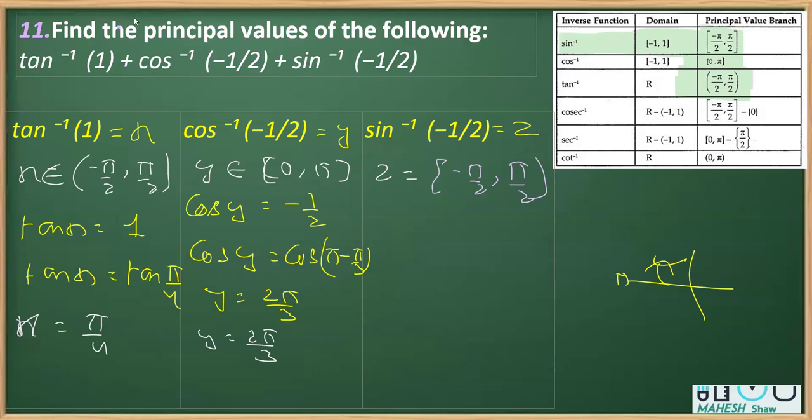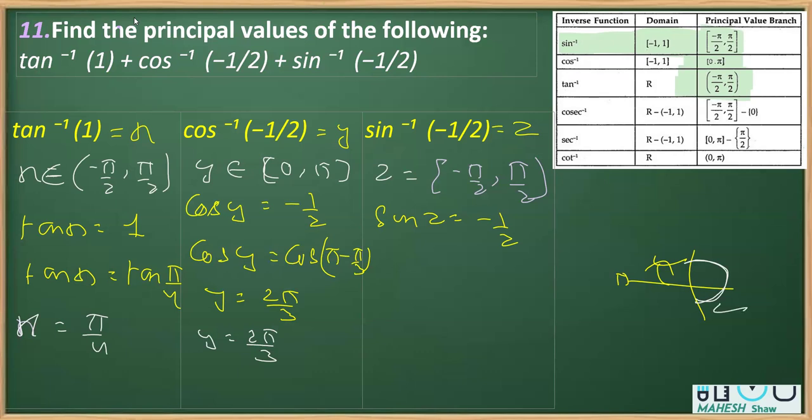Coming to the next part, where z. I can write sine inverse minus half is z. So sine z is equal to minus half, and sine is negative, and this is the principal value branch, so it will be negative over here.